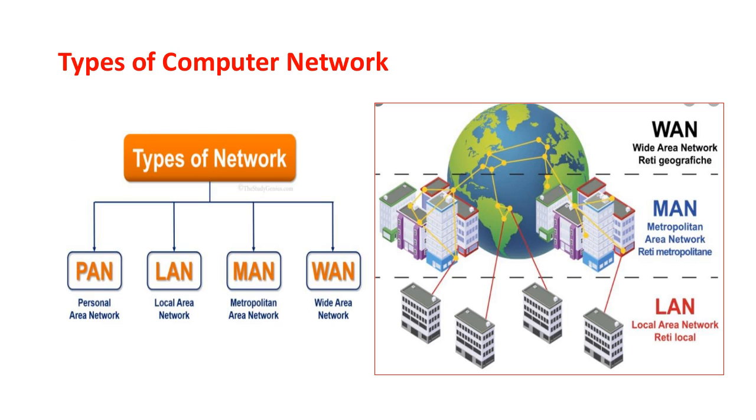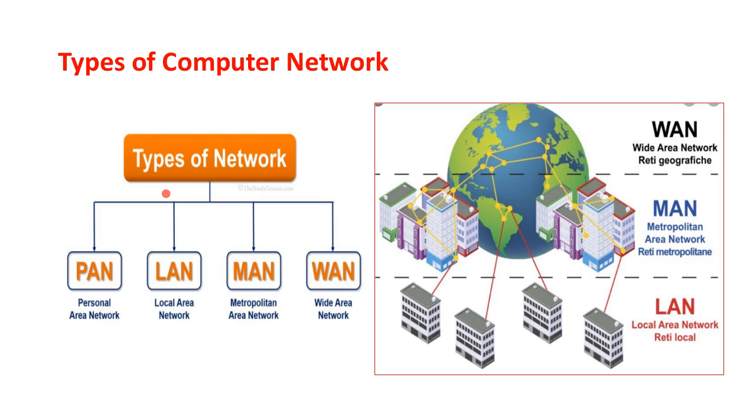Then let's look at the different types of computer networks. These types of computer networks are illustrated on the diagram there. We see that a computer network is simply the interconnection of computers.